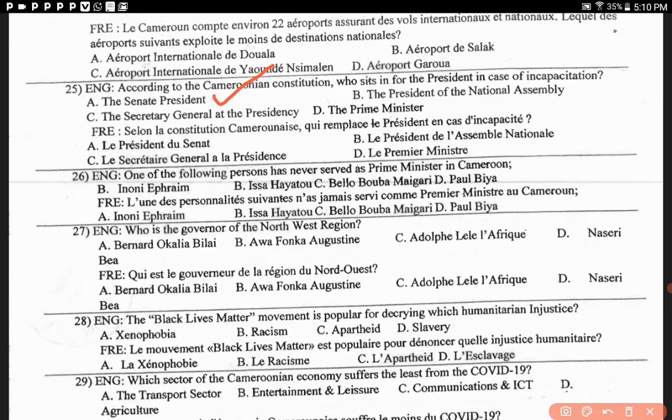Now, when they say permanent incapacitation, it means a situation where the president cannot perform his duties. The constitution cites that it can be as a result of death.